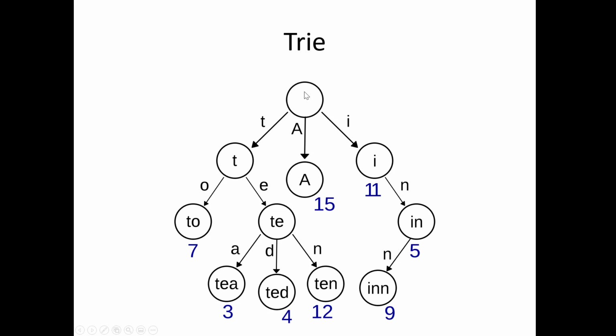For instance, here the word "a" may have been encountered 15 times, whereas the word "t" is only encountered 3 times. Here we store the value down in the tree by following the letters T, E, A to find the word. Now, tries are used in a number of different algorithms as well.